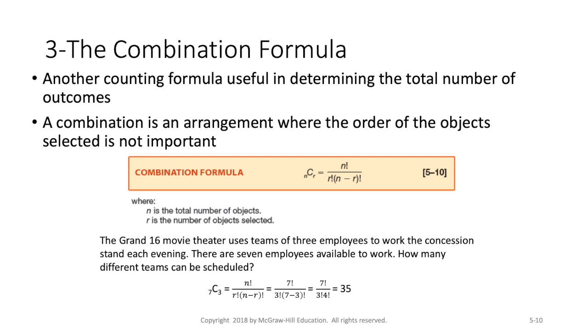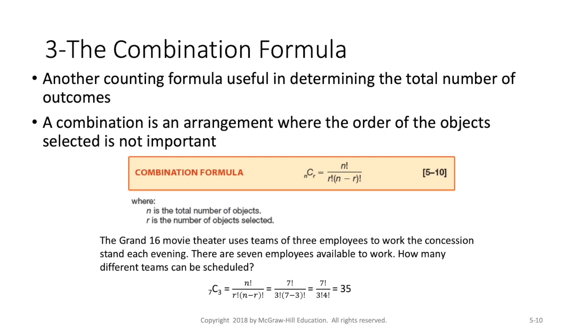So n still stands for the total number of objects, and r still stands for the number of objects to be selected. But now our formula is n factorial divided by r factorial times the difference between n minus r factorial. So here we've got this theater, and they're using teams of 3 employees to work their concession stand. They've got 7 employees available to work. How many different teams can be scheduled?